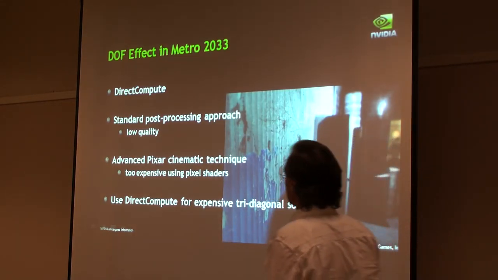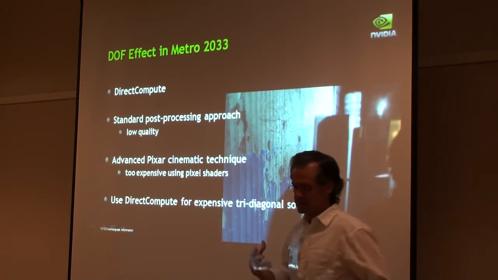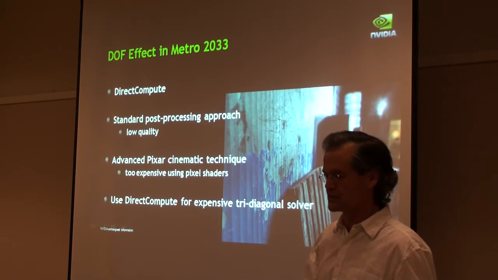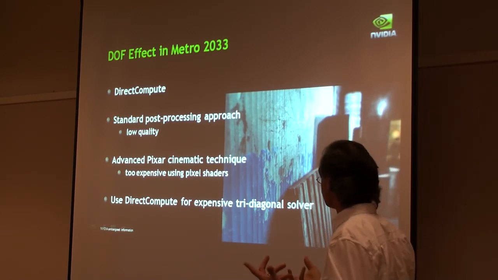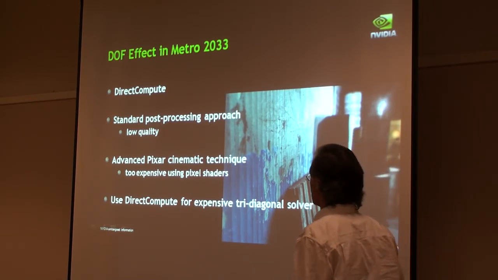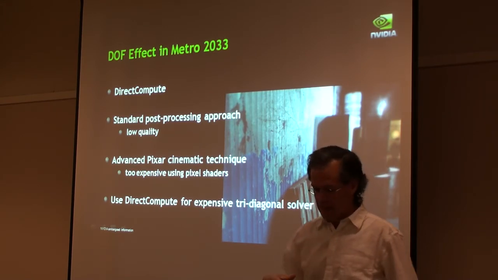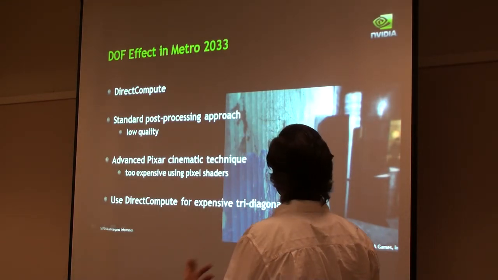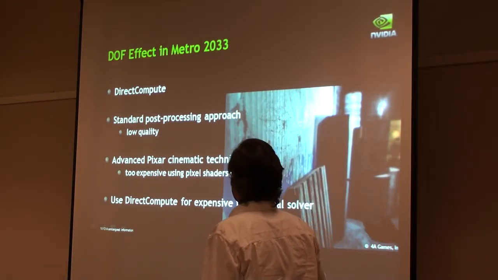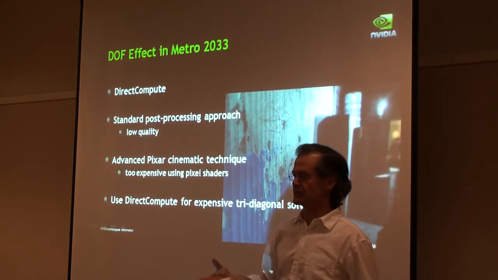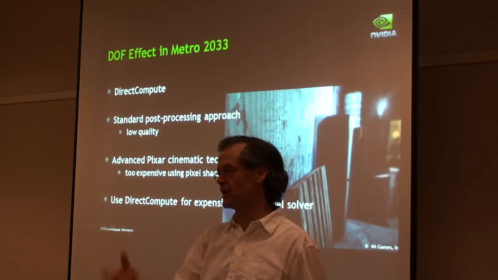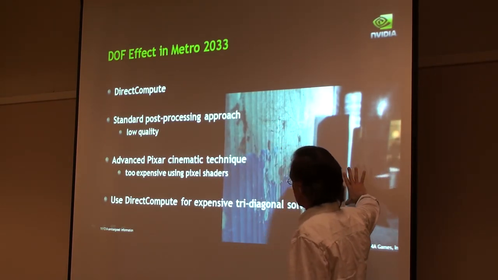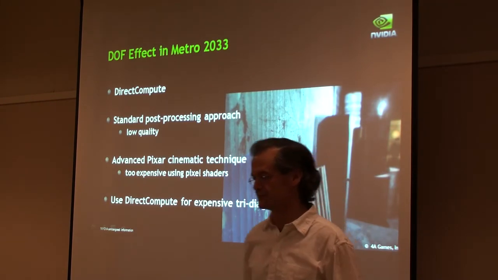If you look at the techniques that Pixar has historically used to implement depth of field, you can't do it efficiently in the pixel shader because there's no shared memory. But you could bring direct compute to bear on this. I won't attempt to describe how the problem is posed, but basically direct compute is used to solve a big linear system of equations, and you iterate that linear system in order to arrive at the quality rendering you see here.